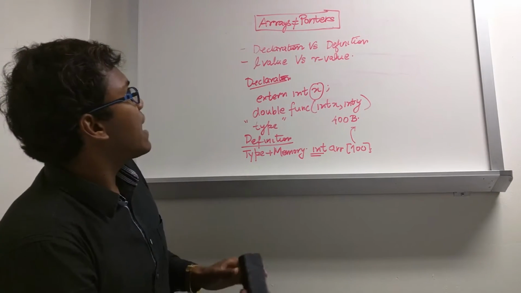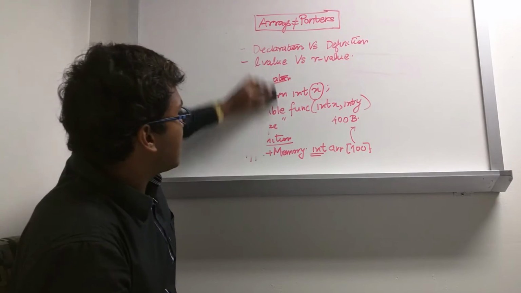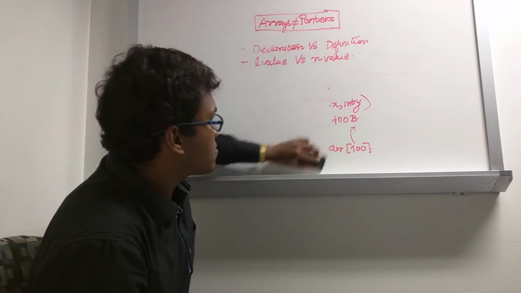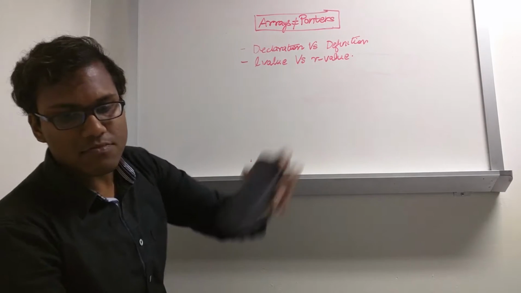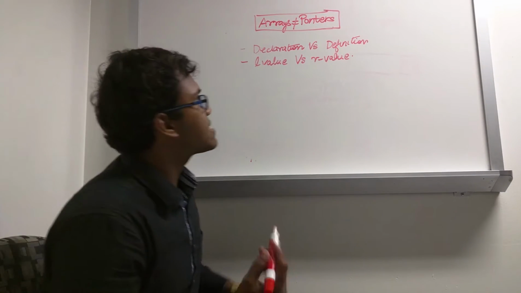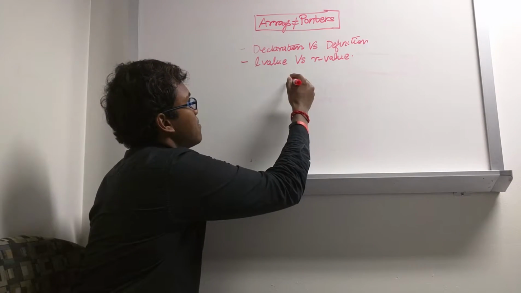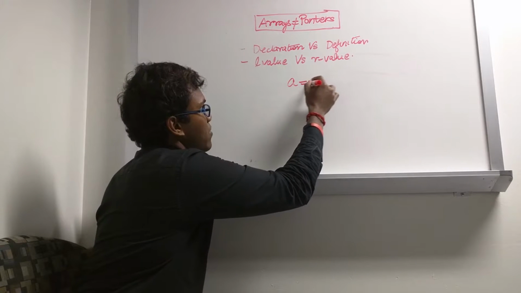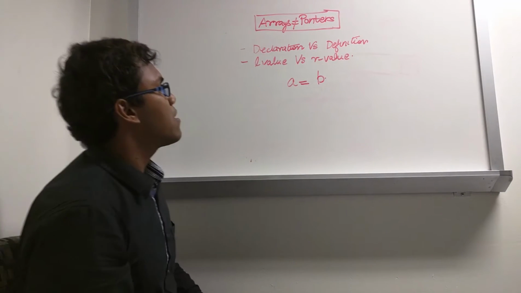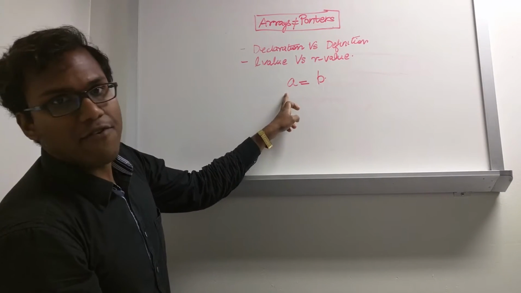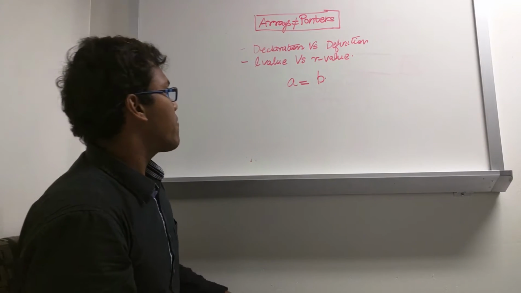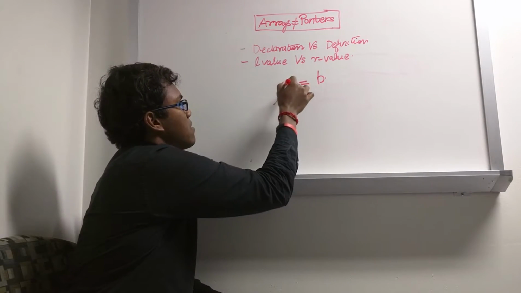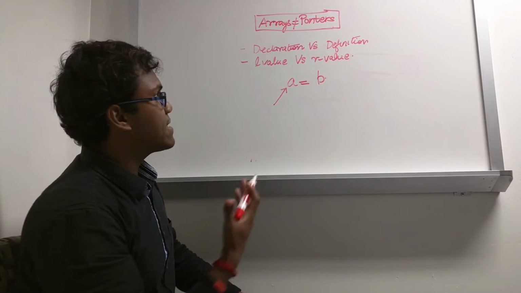The next topic I want to cover is that of L values and R values. So for this, consider the statement, let's say A equals B. Now, what does A refer to here and what does B refer to here?